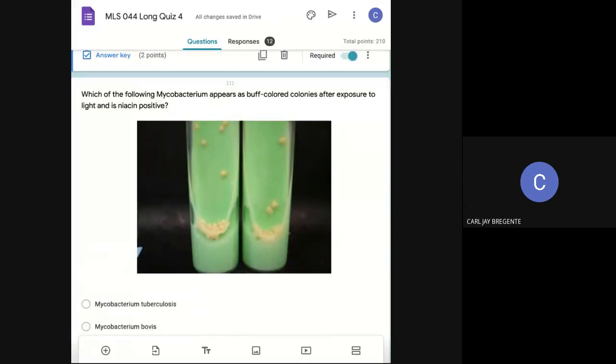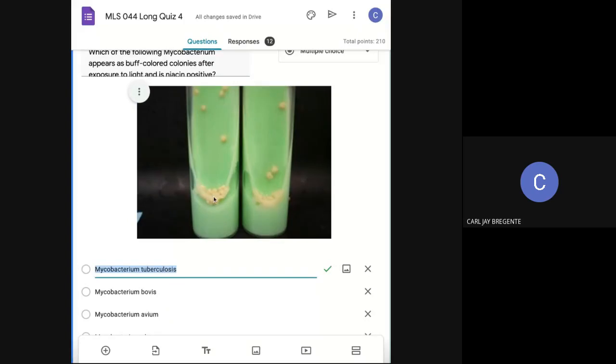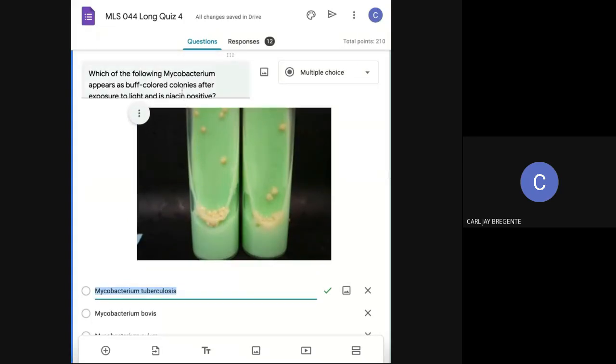Which of the following mycobacterium appears as buff-colored colonies after exposure to light and is niacin sensitive? So the correct answer is Mycobacterium tuberculosis. So Mycobacterium tuberculosis is niacin positive na TB. In the picture, this is an algae slant showing you the growth of TB, Mycobacterium tuberculosis.